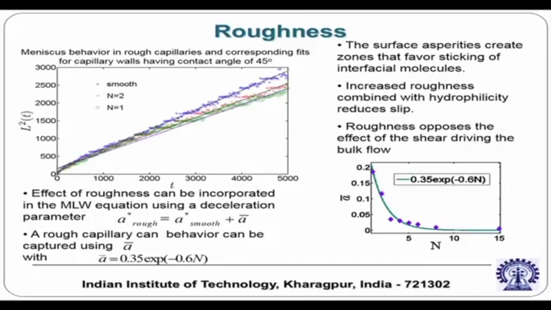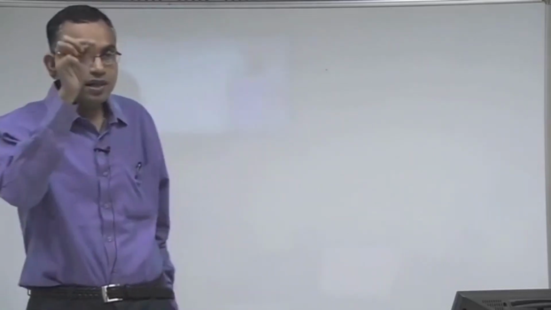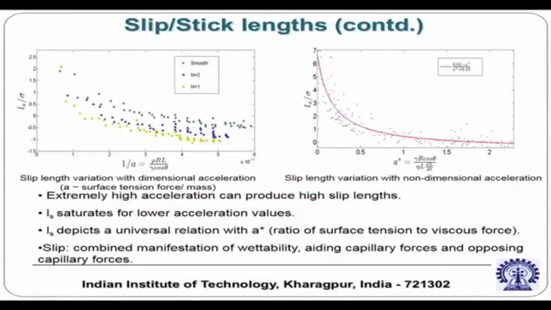Which slip length value do you take while calculating for the Lucas-Washburn model? Because we saw the continuous. Yes, that functional form. We take the functional, the universal slip length versus A star that I have shown you in this graph.